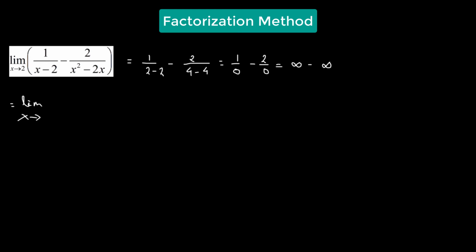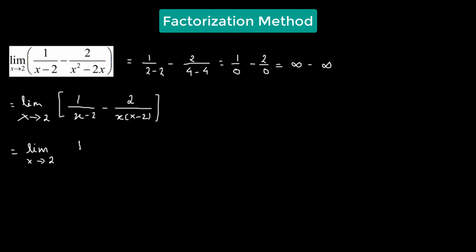So we have limit x going to 2, 1 over x minus 2 minus 2 divided by, so we're going to take x as the common factor, so that leaves us with x minus 2, which will be equal to limit x approaching 2.